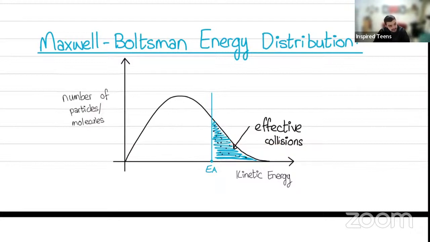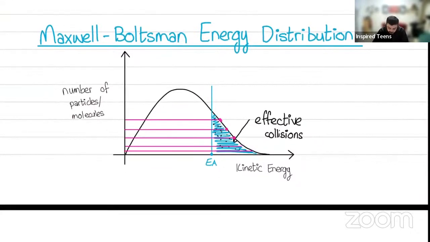Any value of the number of particles on the graph that is past the activation energy, I'm just taking them to the y-axis, that represents the number of particles, right? All of those values represent the number of effective collisions, because these are the collisions that have passed the activation energy.